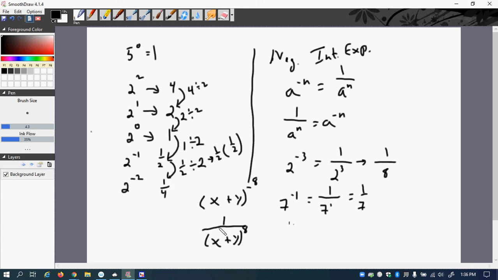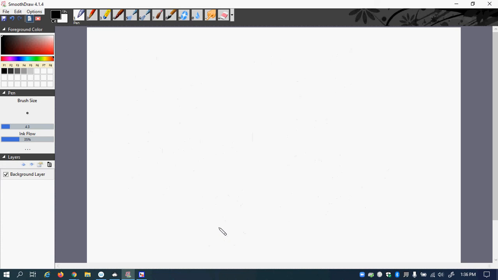Let's take a closer look at simplifying expressions with positive and negative exponents. Let's take 5 to the second multiplied by 5 to the negative 4. Let's rewrite this so it doesn't have a negative exponent. That becomes 5 to the second over 1, and then this becomes 1 over 5 to the fourth.